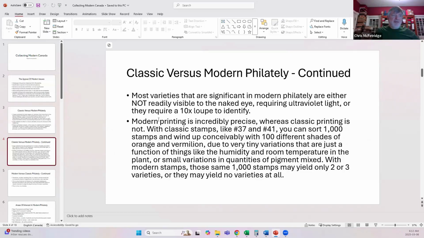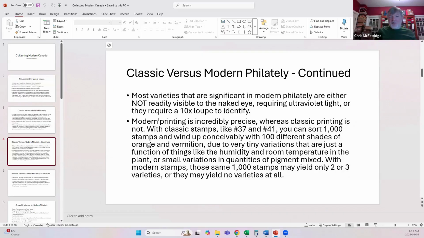So, with classic stamps in Canada, we have the small queens, number 37 and 41, the 3 cent small queen, the most common Queen Victorian stamp. In England, you'll have the penny red from the same time period. And you could sort a pile of 1,000 penny reds or 1,000 small queens, and you'll wind up with probably 100 different shades, if you have enough stamps, due to very tiny variations that are just a function of things like the humidity in the plant at the time the ink was mixed.